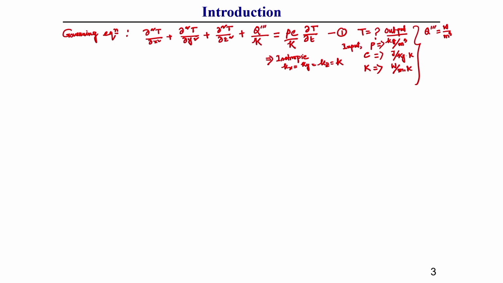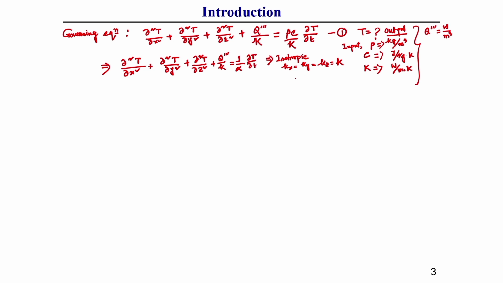Now, this equation can be further written in terms of thermal diffusivity: del squared T by del x squared plus del squared T by del y squared plus del squared T by del z squared plus Q triple dot by K is equal to 1 by alpha del T by del t.